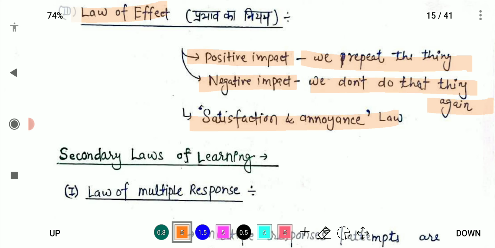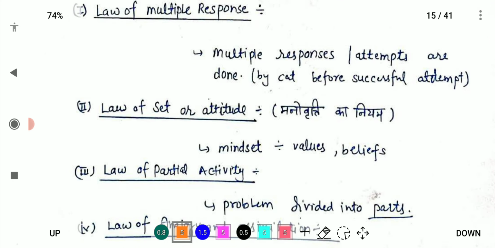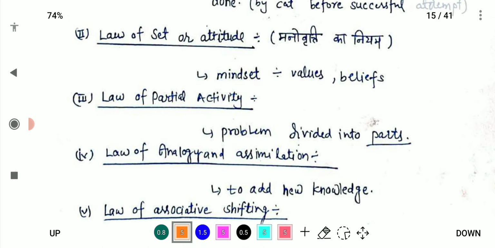Satisfaction and annoyance. Then the secondary laws of learning. Law of multiple response: multiple responses or attempts are made by the cat before a successful attempt. Law of set or attitude: mindset. Law of partial activities: the problem is divided into parts.